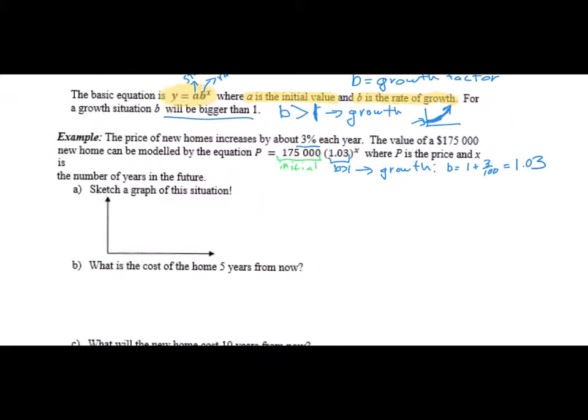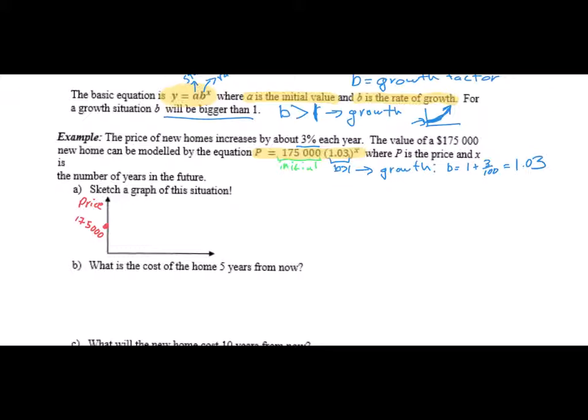Now, let's move on to the graphing of our problem. It says to sketch an example of this graph. This is our basic equation. The initial portion of our graph, where it started, was at 175,000 on the price axis.